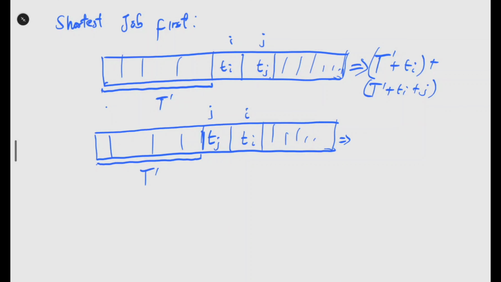Let's look at this. The total wait time up to TJ would be T prime plus TJ, plus the total wait time up till TI would be T prime plus TJ plus TI.